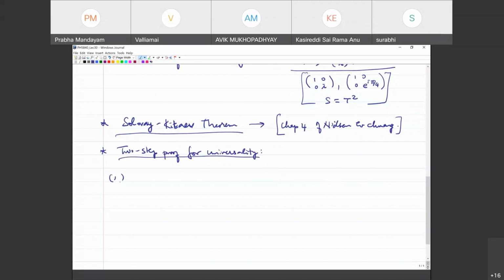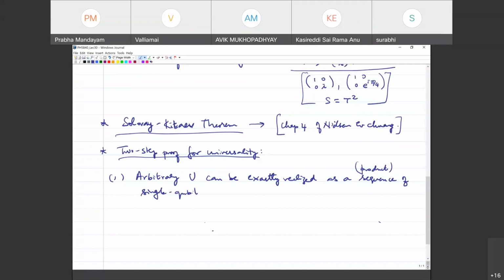The first step is to say that an arbitrary unitary can be exactly realized as a sequence, and by sequence I mean a product, of single qubit unitaries and CNOT.